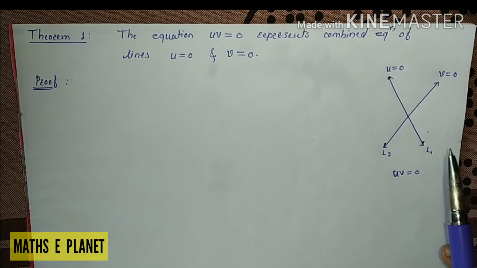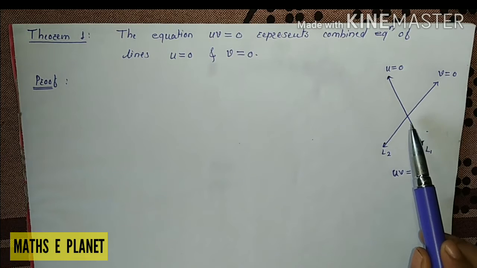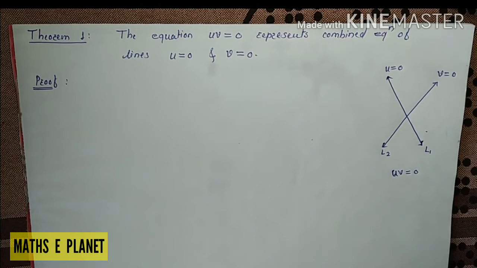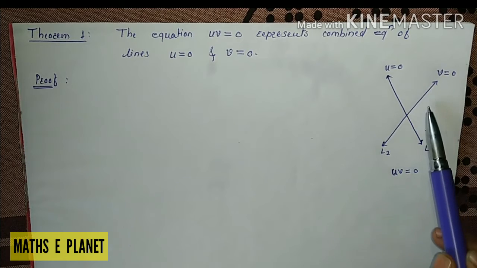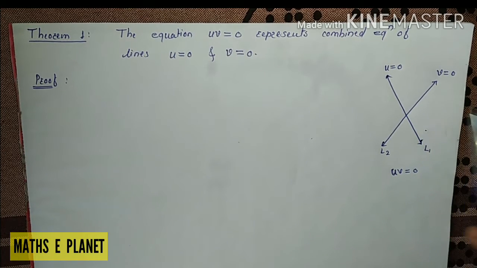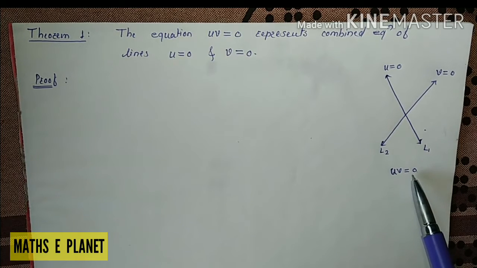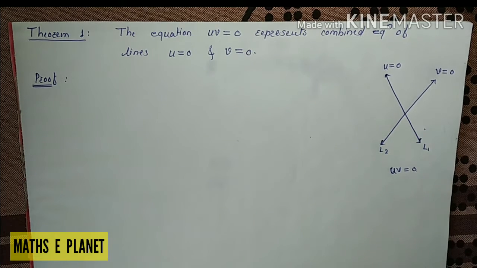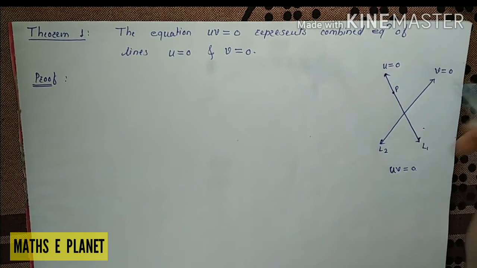Means we get an equation which represents both these lines. Understood? So we have to prove that any point which is on line u is equal to 0 or v is equal to 0 lies on the locus u into v is equal to 0. Means if we take any point p on line u, then we can easily say that this point p lies on u into v is equal to 0.